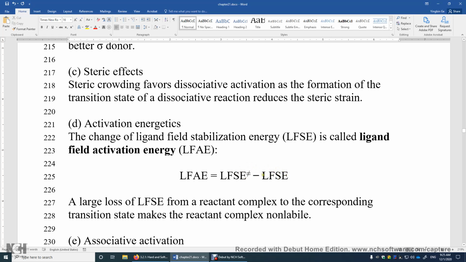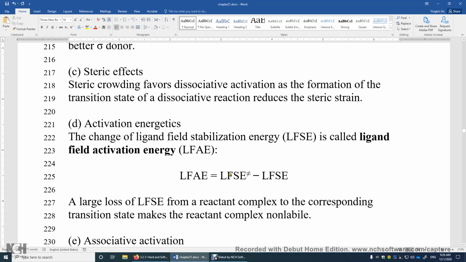Usually the LFSE in the reactants is greater than the LFSE in the transition state. So when you are looking at the energy diagram, when you go from the reactants to the transition state, there's going to be a loss of LFSE. When you have a loss of LFSE, that will make the energy barrier larger. You need additional energy to compensate for this loss of LFSE.